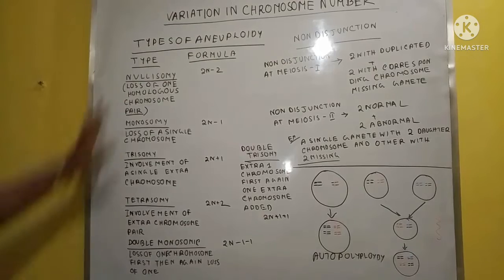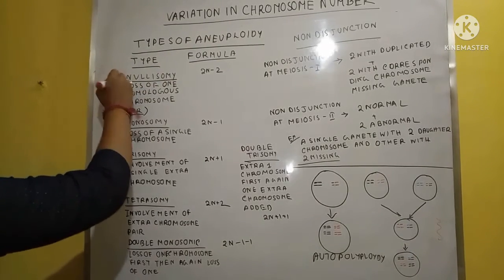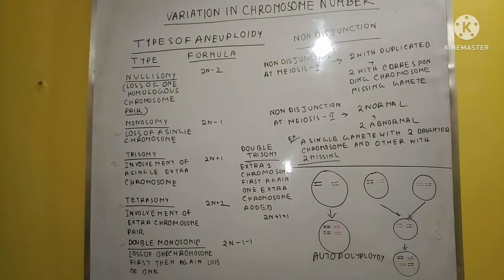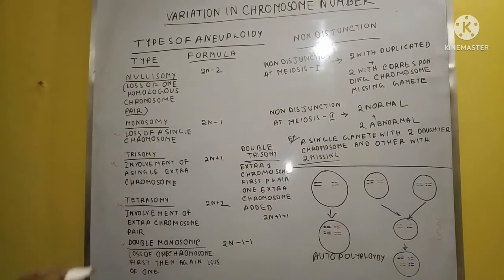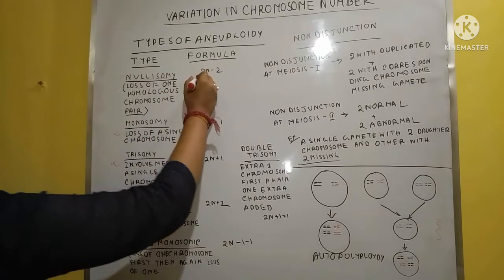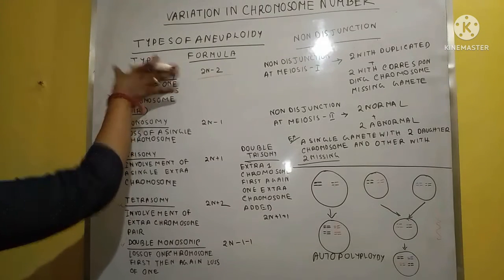So these are the types of aneuploidy. You can see the types and their formulas. Formula means what happens to the number of chromosomes. In case of nullisomy, the first type you learn about, the number of chromosomes is 2n minus 2. What is the meaning of nullisomy?